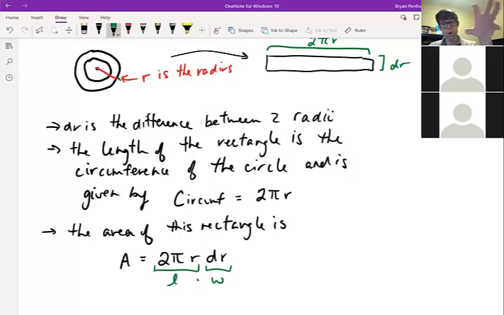And so now our goal, knowing this information, is to try to collect all of these rings up together.